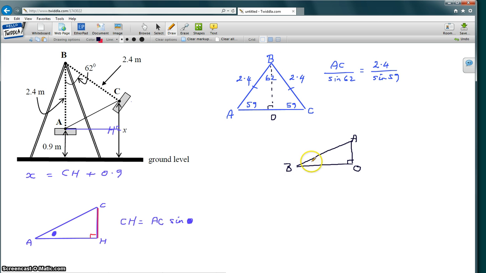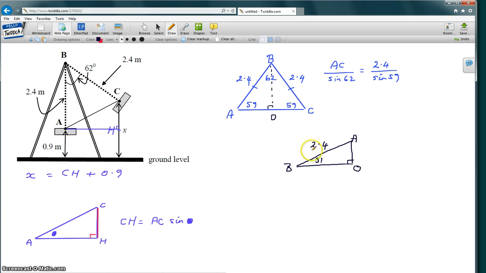Now I know that in here is half of this angle here, so that's obviously 31. Now if I know AO, this distance here, I can obviously work out AC because it's just twice as much. And I can see from here, because it's a nice right angled triangle, I happen to know that BA, oh sorry, I forgot to write that on, didn't I?